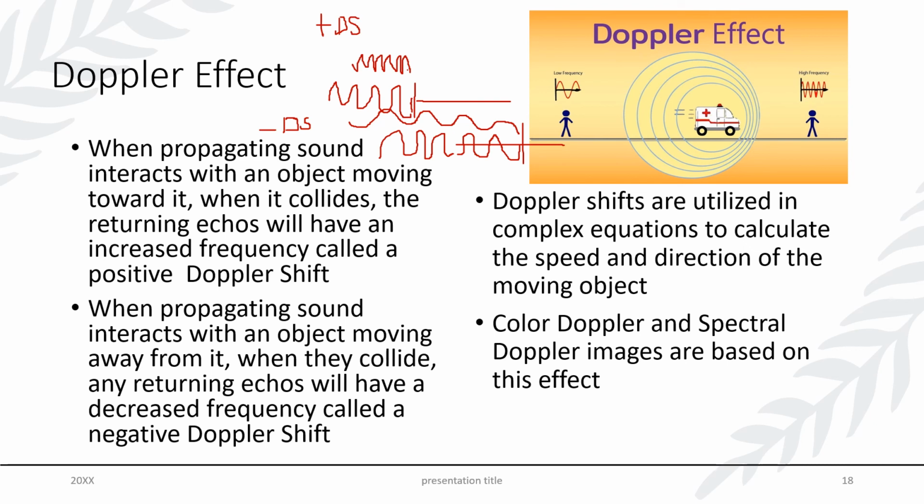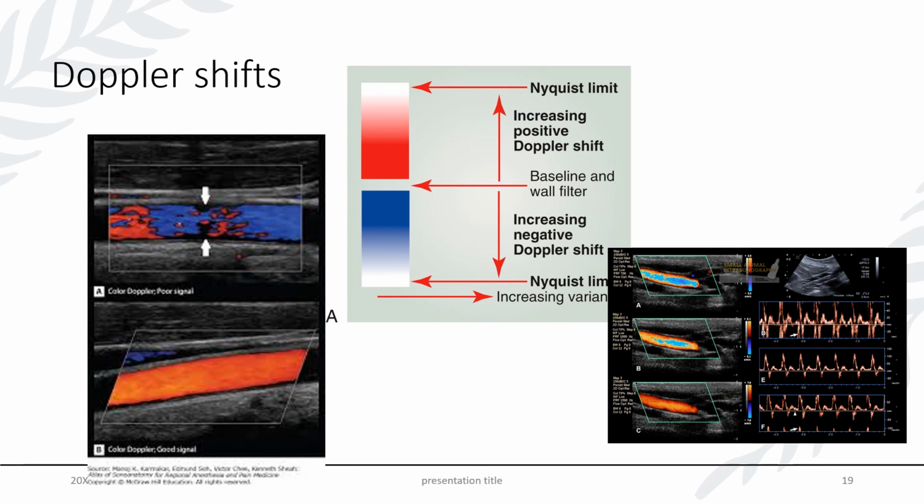Now, all of our color Dopplers and our spectral Dopplers are based off of these Doppler shifts. Here's an example of a Doppler shift. So, and we'll get into this in a little bit more detail in future lectures, but this box here is showing color Doppler applied basically over the top of a B mode image back here.